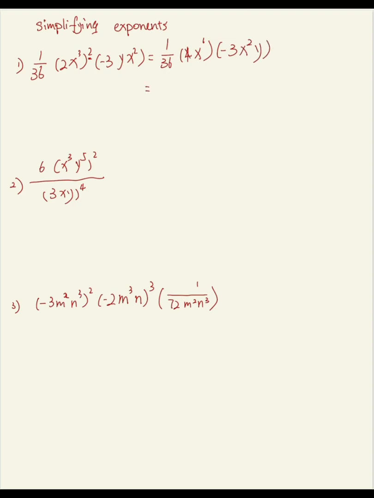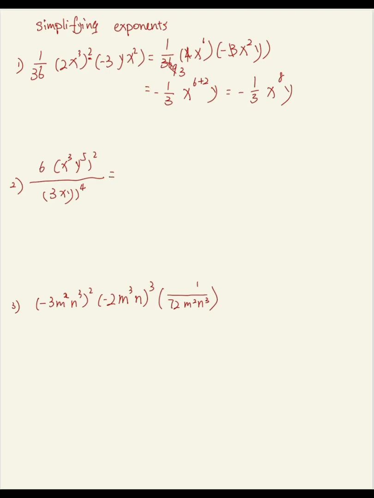Then we can cancel this 4, and cancel this 3, so it's negative 1/3. And then we have x to the 6 plus 2 times 1, which equals negative 1/3 x to the 8th y.